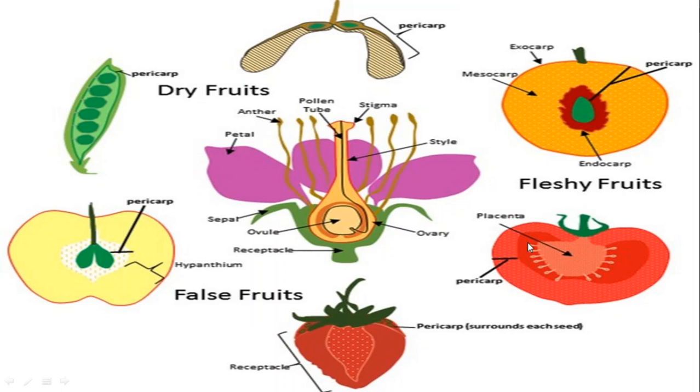Then here also you can see a fleshy fruit, tomato. Then strawberry and apple are also fleshy fruit, but here the fleshy part is something different. The fleshy part is not pericarp. Rather, here pericarp is very much reduced and it is membrane-like and it is restricted to the central part of the fruit.